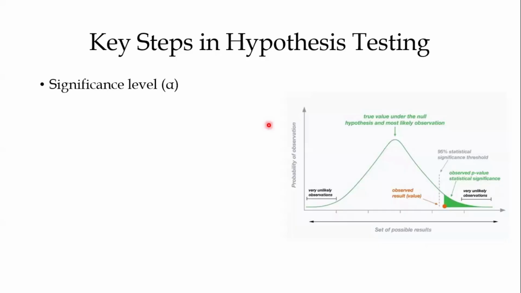Significance level is sometimes also referred to as the alpha value. It is what we use as a threshold for deciding whether to reject or fail to reject a null hypothesis.